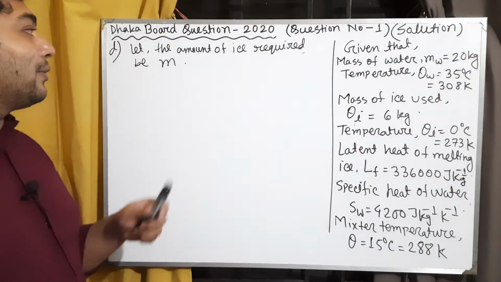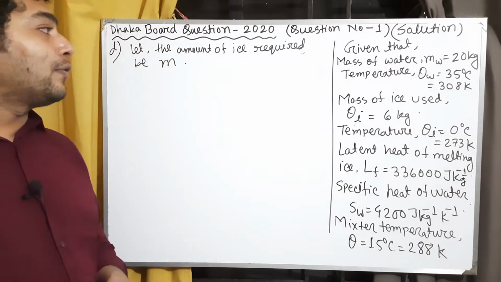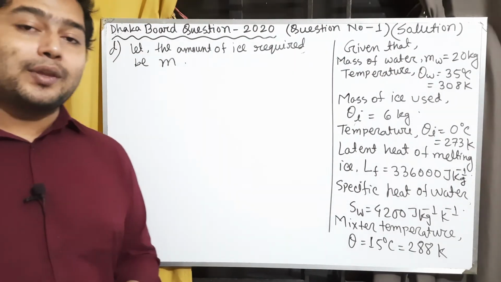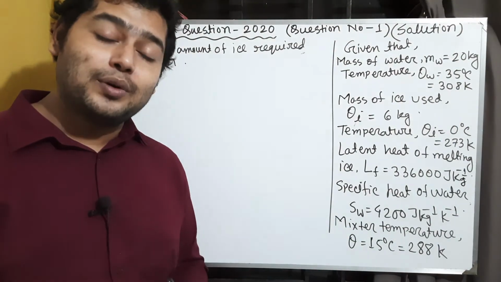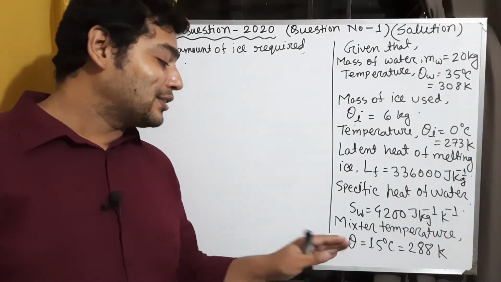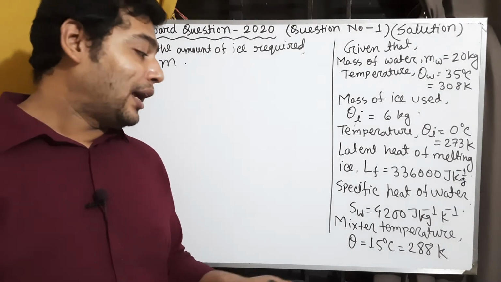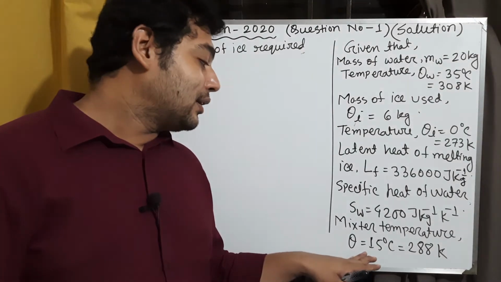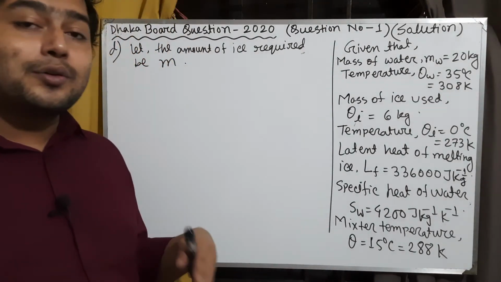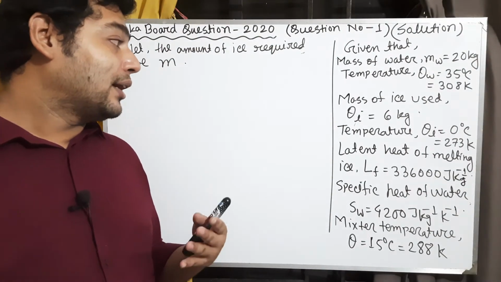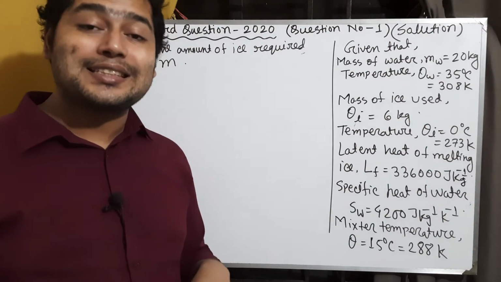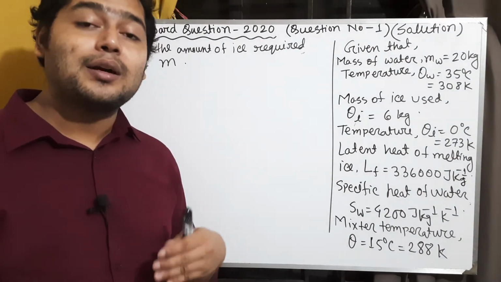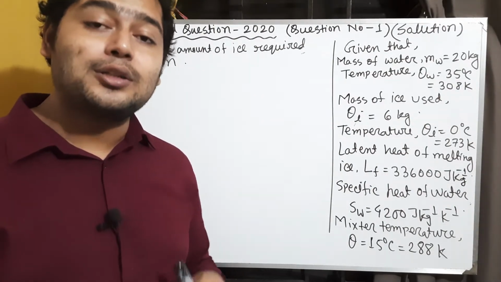Now let the amount of ice required be M. Here our condition is that the mixture temperature will be fixed, and that is 15 degrees Celsius. For this mixture temperature, our question is whether the 6 kg of ice will melt or not.